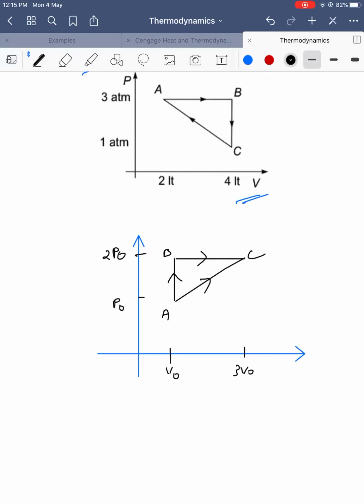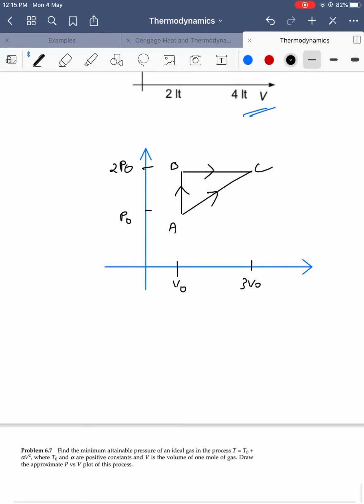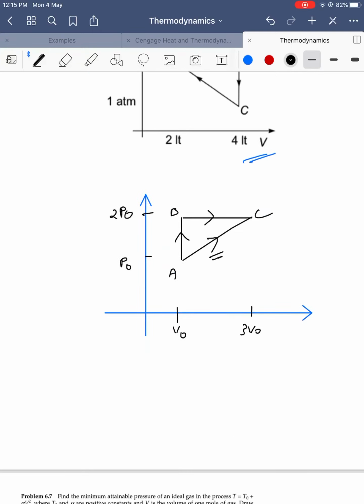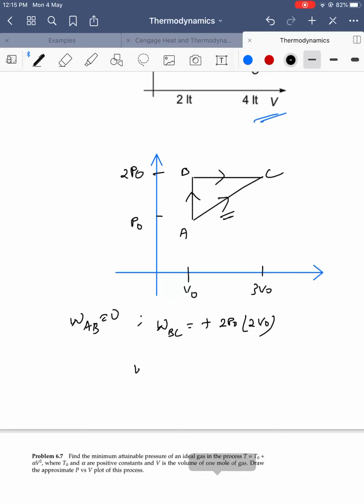Work done in AB is equal to 0. Whenever you solve a problem, whether the work done is positive or negative depends on the arrows. Work done in BC, positive or negative? Positive. It is equal to 2 P naught into 2 V naught, because height into width, it's like a rectangular section. Next, work done in the CA process.